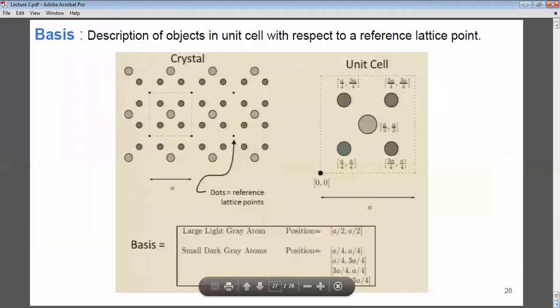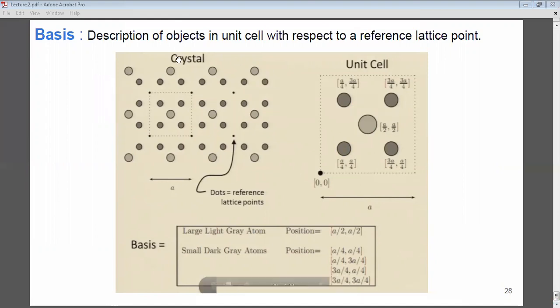Oh, the last idea for today's lecture is the idea of a basis. A basis is a description of objects in the unit cell with respect to a reference lattice point. What do I mean by that? Let's look at this crystal. This crystal is made up of two different atoms.